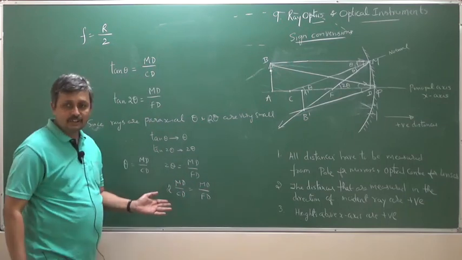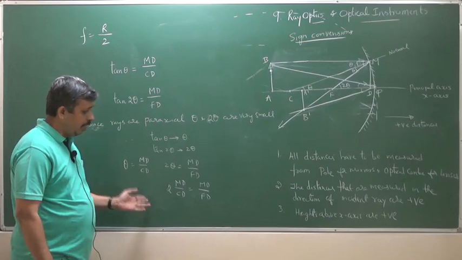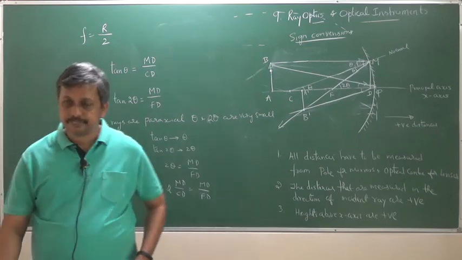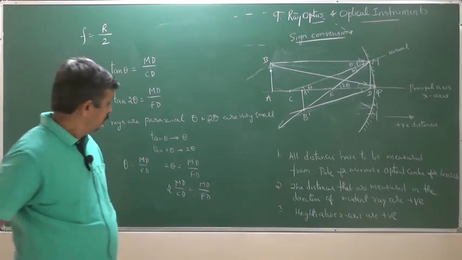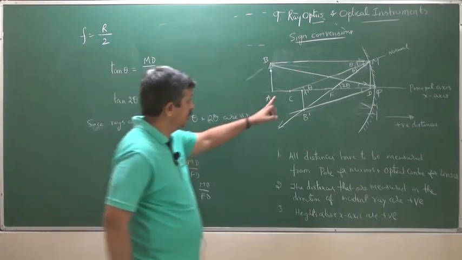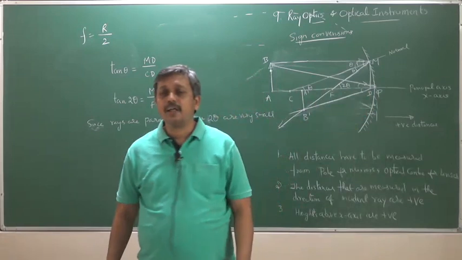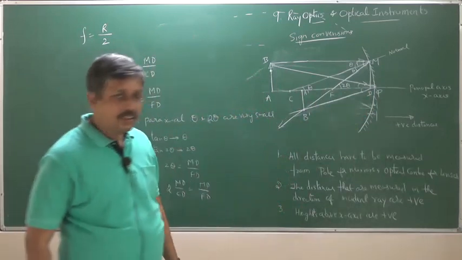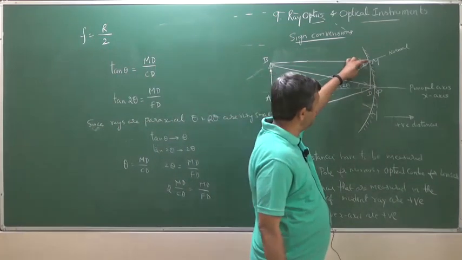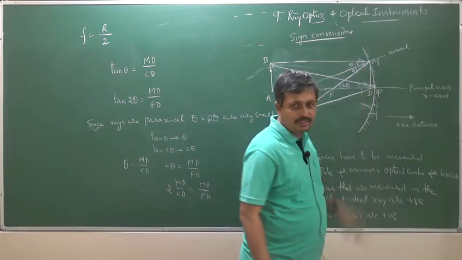So MD gets cancelled. Now CD will be approximately equal to CP because, again, it is paraxial. This is very near to this and this is very near to this.